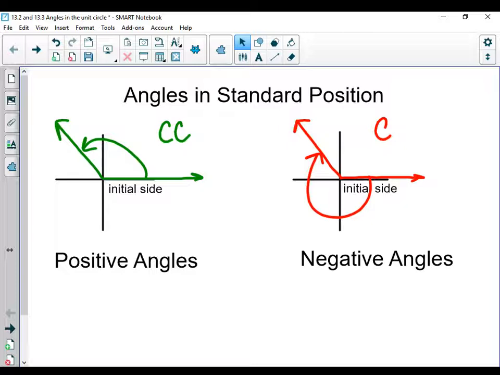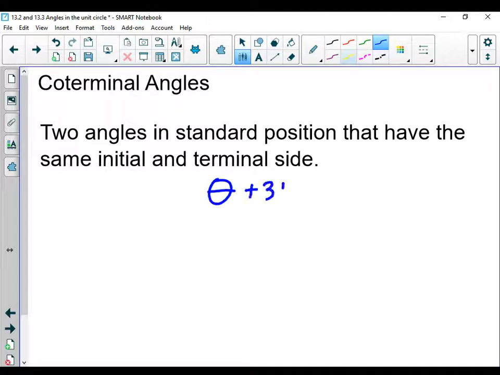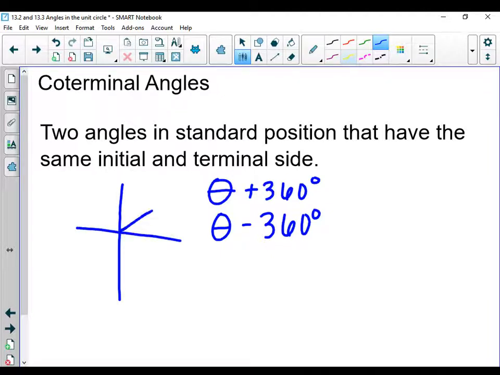All right, what Dylan was saying is that he just added 360 or subtracted 360. So that's how you're going to approach every single one of these problems. You're going to take your angle measure and you're going to add 360 or you're going to subtract 360. Because if I want to keep going around in a circle forever, I can.